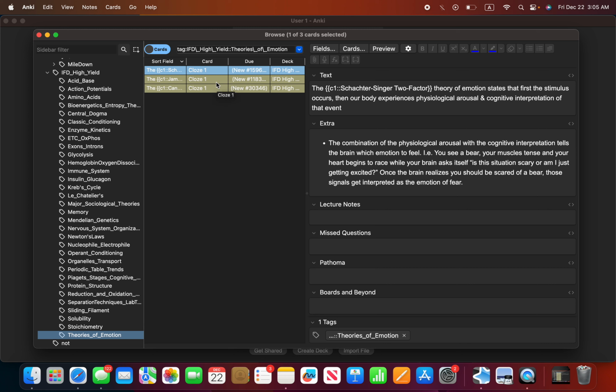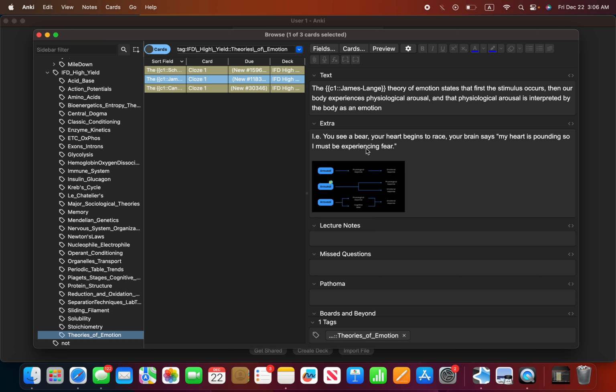But in the James-Lange theory, you do see the bear, you do get the heart rate increased, and then your brain says, oh, my heart rate, due to the physiological arousal, I am scared, I am experiencing fear.